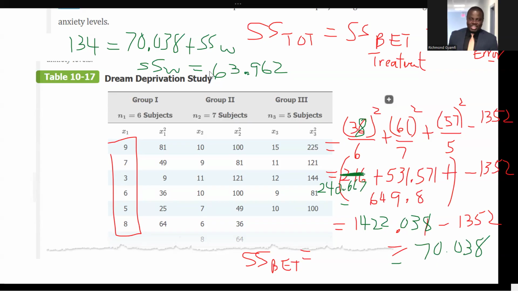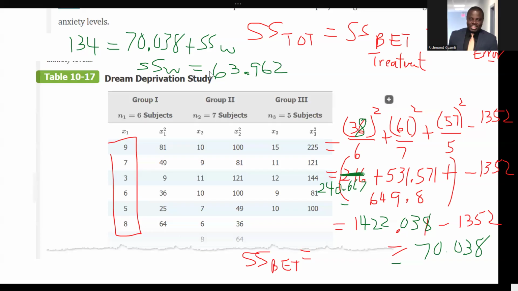Now, for that formula, because SSW is sum of squares or variability within the group, that should look very familiar to us. That will just be the top of a variance formula. Remember when you're finding the variance or standard deviation using the computational formula, you're doing each group separately and then adding all of them together.